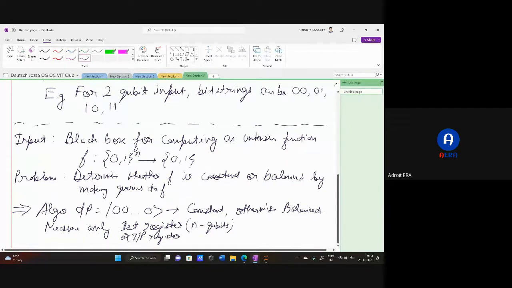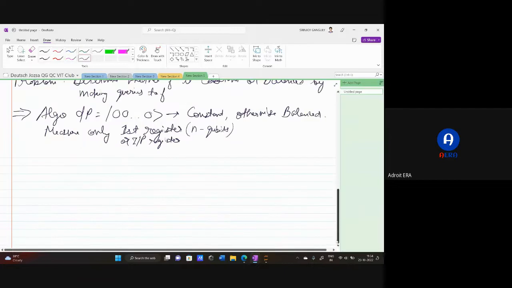Okay, and this will have n qubits, but you will also have a second register which will have only a single qubit, and that will be your supporting one. It's very similar to Deutsch algorithm. Remember, I'm going to compare them, do not worry. So the first register will have n qubits and the second register will have a single qubit, so n plus 1 total.